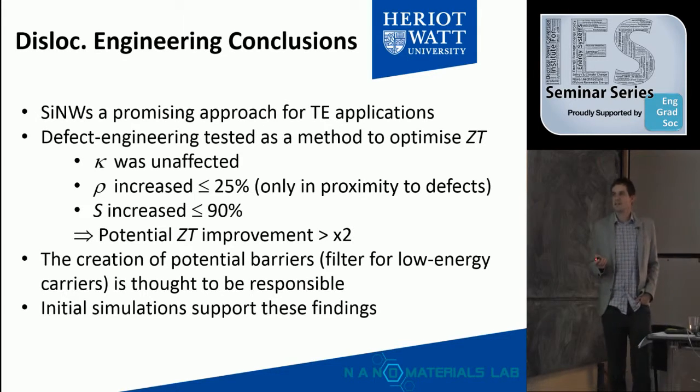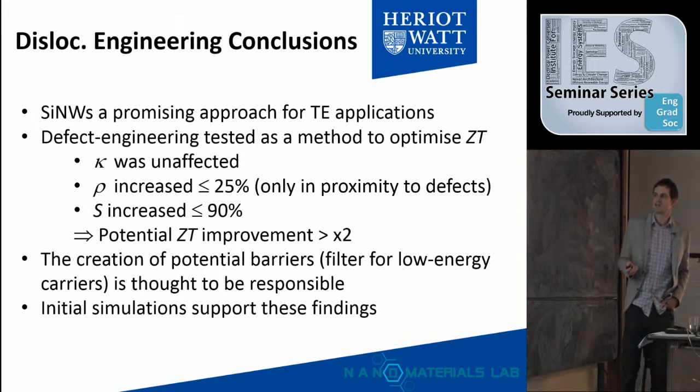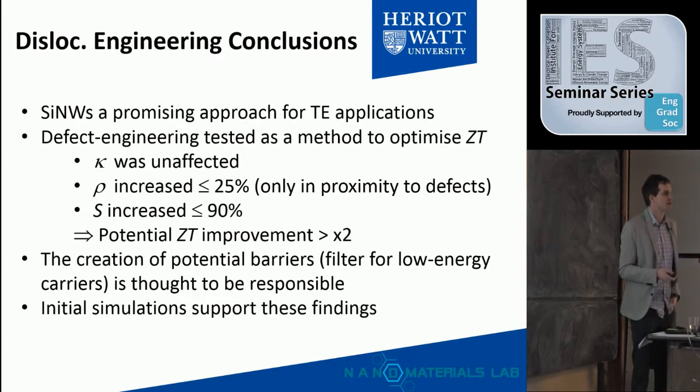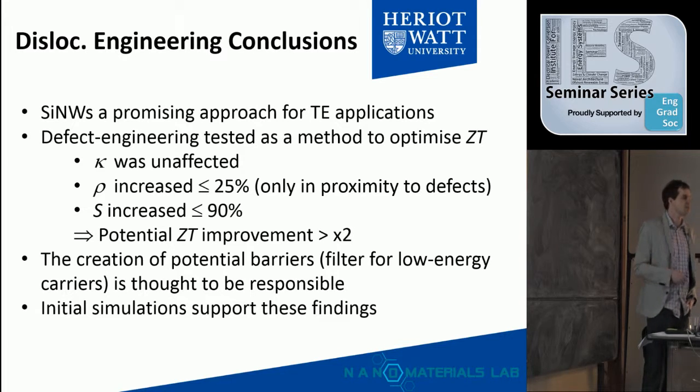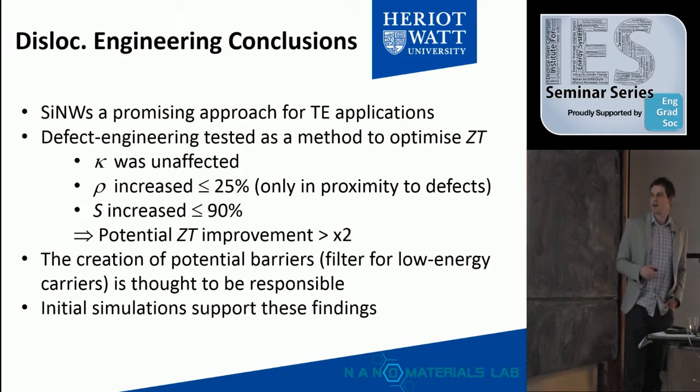We don't really see any thermal property differences by introducing these dislocations. We actually see bad effects on the electrical conductivity, but the net effect is very positive, because we see this increase in Seebeck coefficient, and as it's a square term in the ZT equation, the net effect can be quite high. So in the samples we've looked at, we see a ZT improvement of about 2.